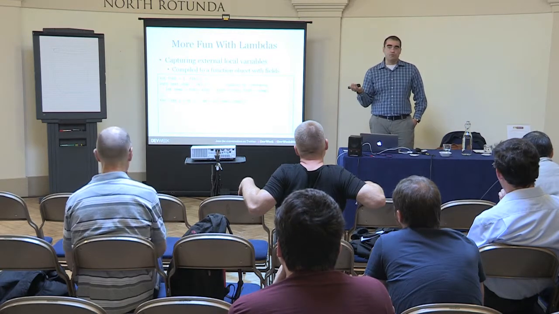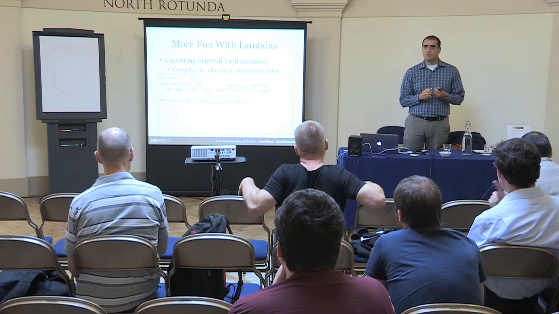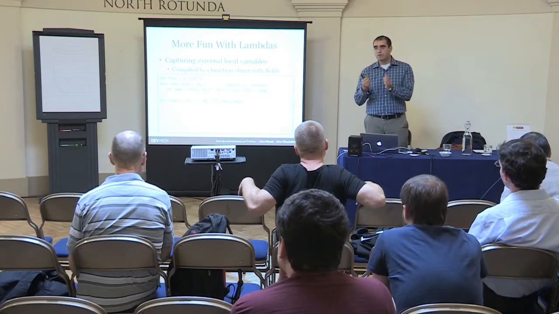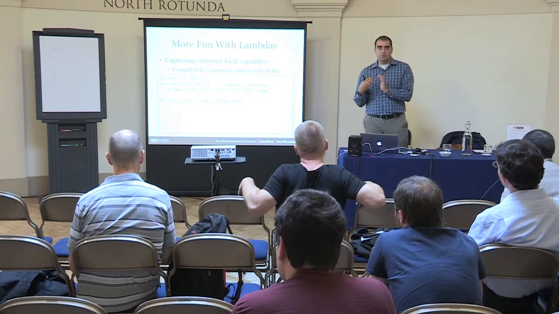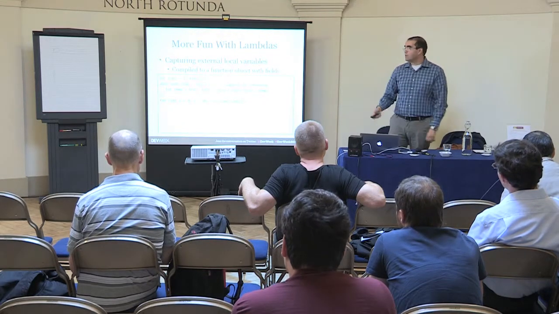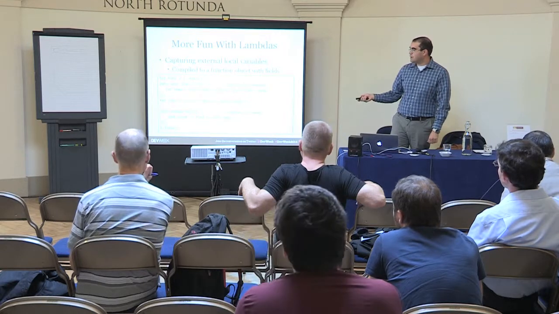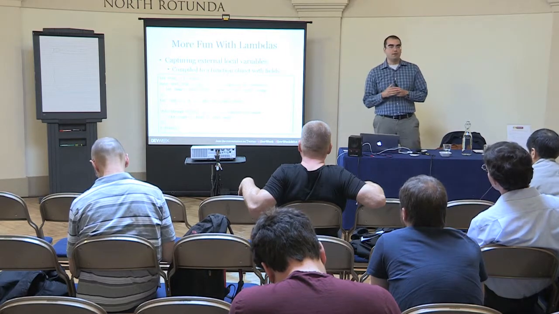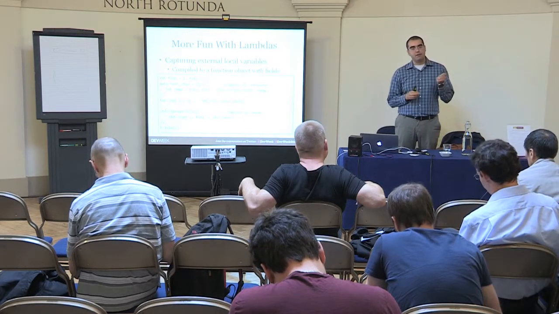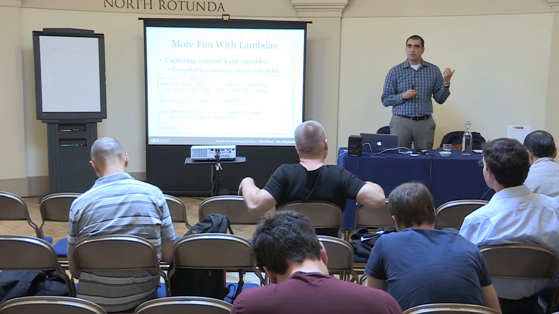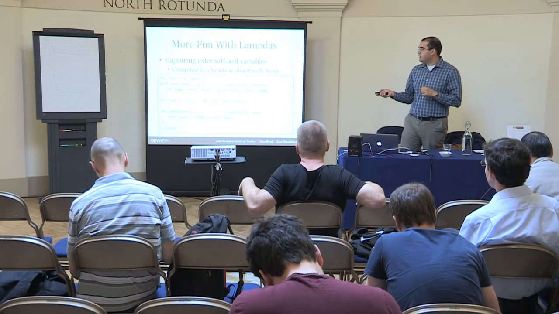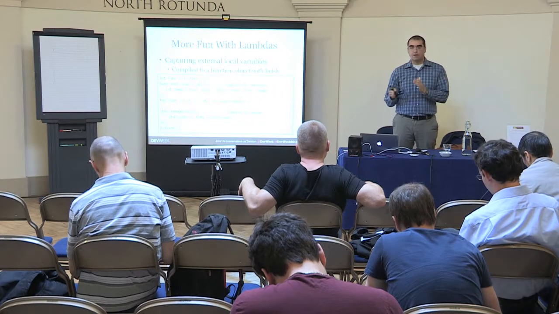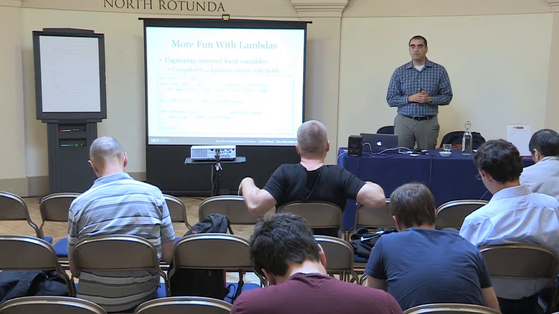You don't always have to do this. I mean, you don't always intend to capture stuff by reference. Capturing by reference does give you the ability of modifying external local variables, but maybe you just want them in as input. And so you also have syntax with this equal sign in the brackets, which captures by value. And so here, instead of capturing by reference and letting me modify external local variables, if I use the equal sign, I can only read the external local variable that I passed in by value to my lambda function.